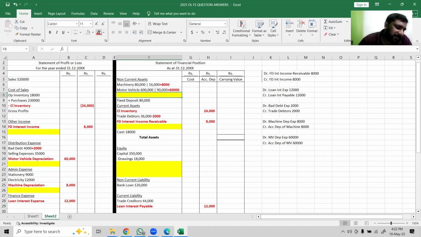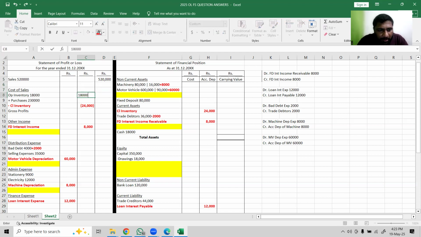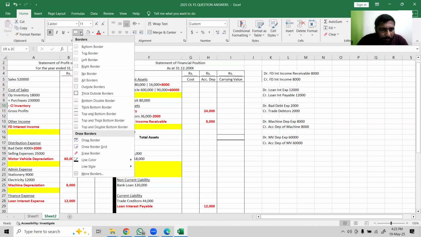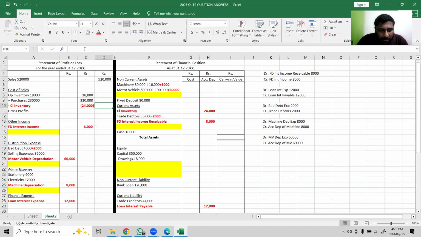Now quickly balance the accounts. Sales 520. Opening stock 18,000. Purchases 230,000. Closing stock 24,000. So cost of sales 244,000.